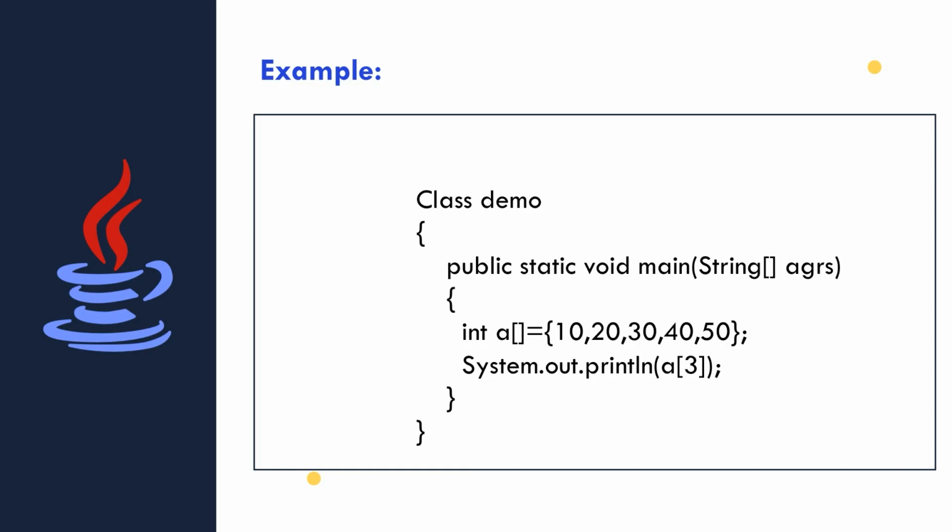Array a is a reference variable which refers to the indexes of the array. Suppose we want to access the element 40 of the array, we have to give the index value 3 to the array a. It will print the element 40 because 40 is located at the third position of the array, as you can see in this example.